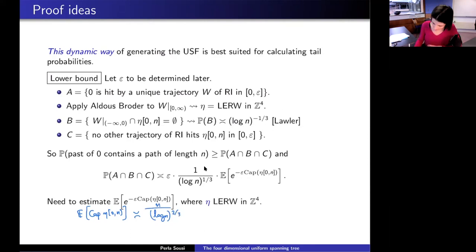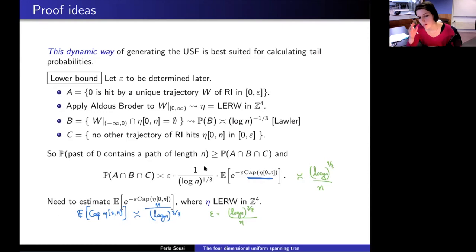If we were to replace this capacity by its typical value, then we would have to take epsilon to be the inverse of this, so that we get rid of the exponential term. So if we take epsilon to be log n to the 2/3 divided by n, then we get that this is, up to constants, log n to a third divided by n. And so this proves the lower bound.